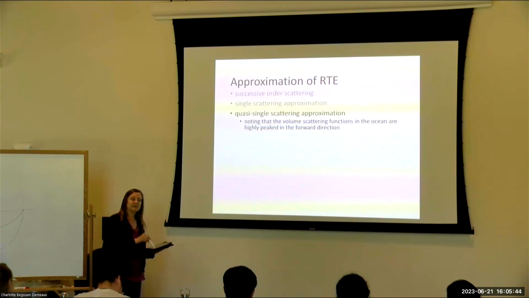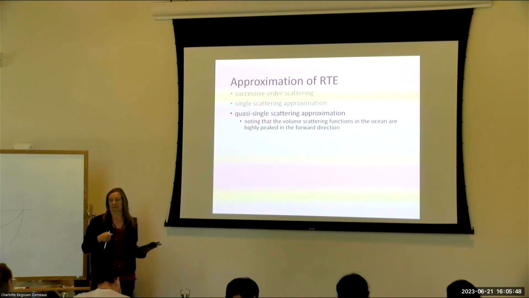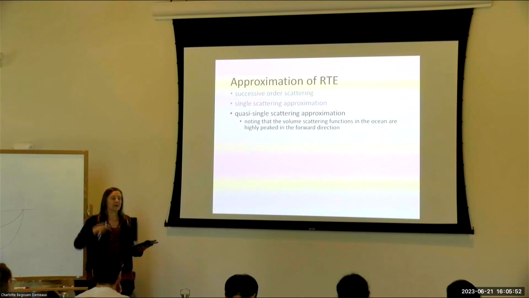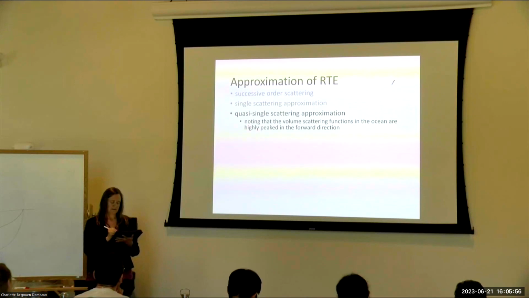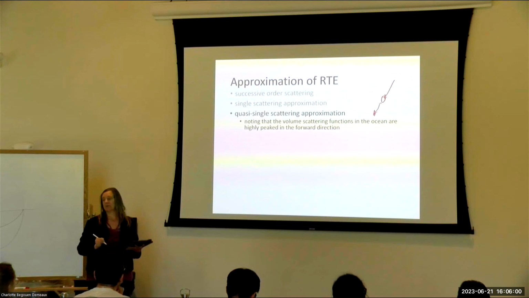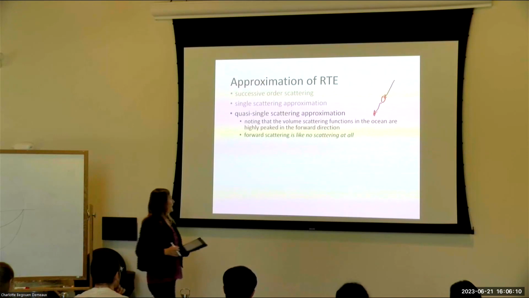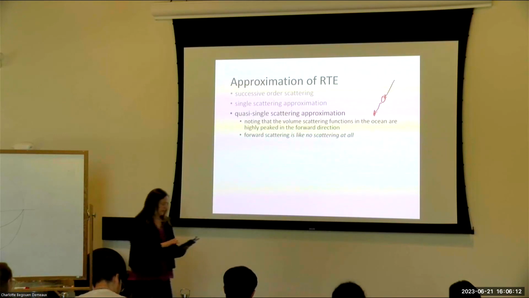If it's scattered downward, I'm not going to see it coming back at me, so I can ignore it. It's like it never even got scattered. It just continues on its path. So light coming down hits a particle, gets scattered in the forward direction. That was your single scattering. Can't get it back up because you're not going to allow it to scatter a second time, because you're not going to count it in this approximation. So it might as well not scatter. Forward scattering is like no scattering at all.